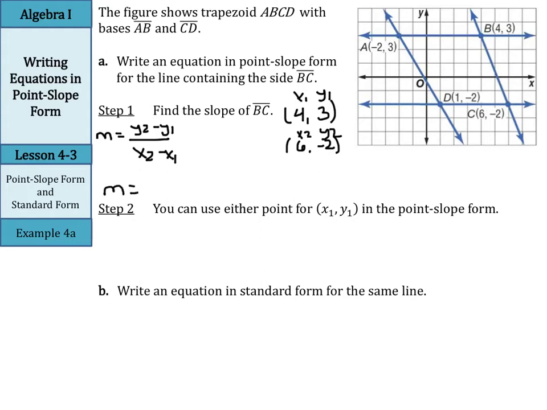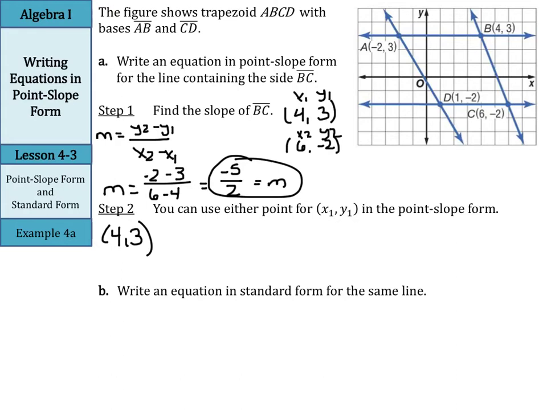M is going to equal y2 of negative 2 minus y1 of 3 over x2 of 6 minus 4. Negative 2 minus 3 is negative 5 over 2, so my slope is negative 5 halves. Now, you can use either point for x1, y1 in the point slope form. Let's just go ahead and take the (4, 3).